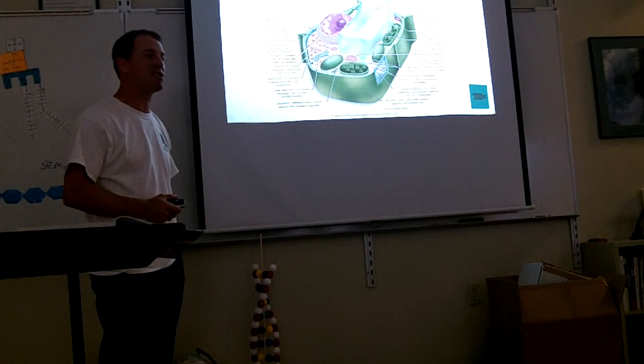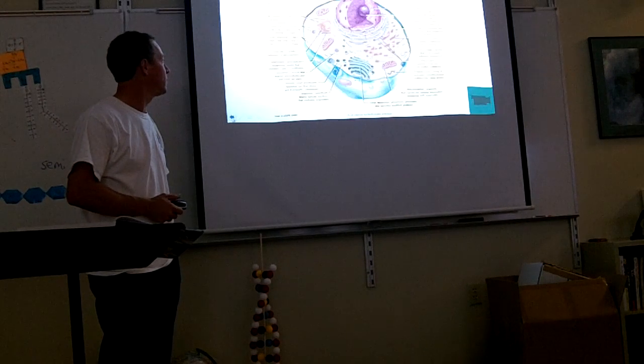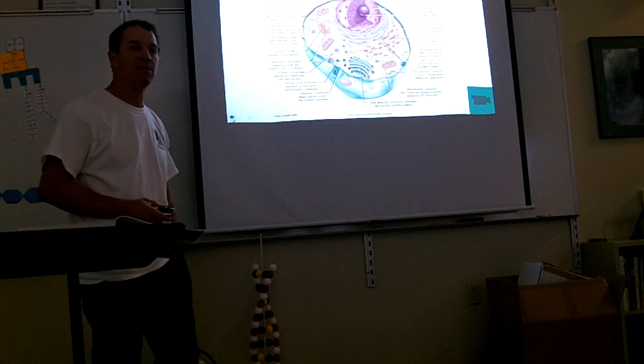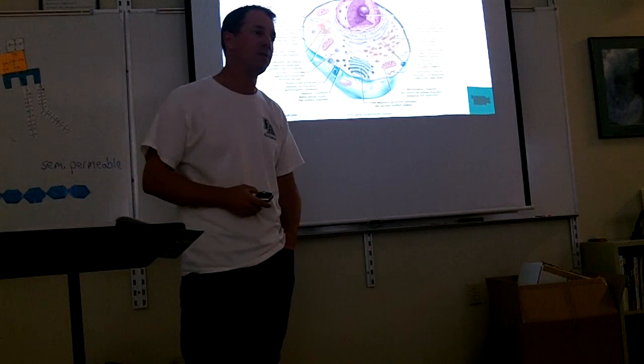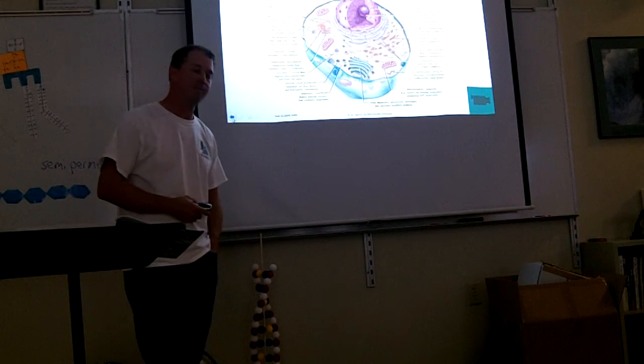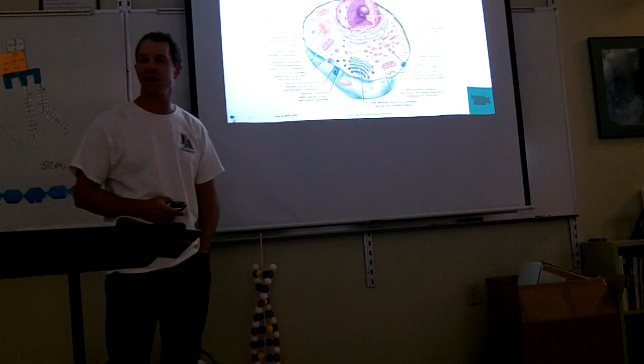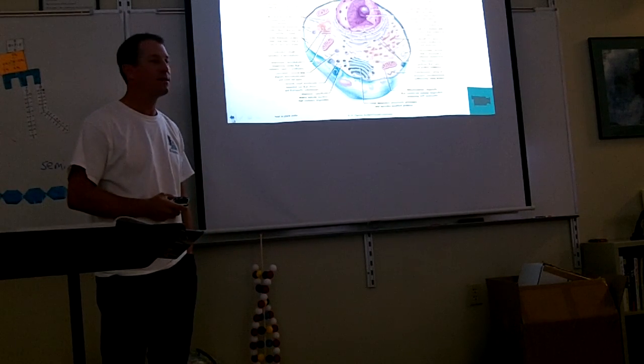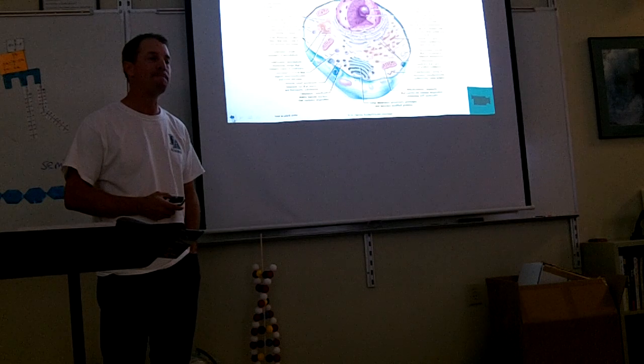What other questions about cells? This is a lot of stuff in this chapter. It's historically one of the toughest chapters for kids. The toughest being this one, 7 and 8.